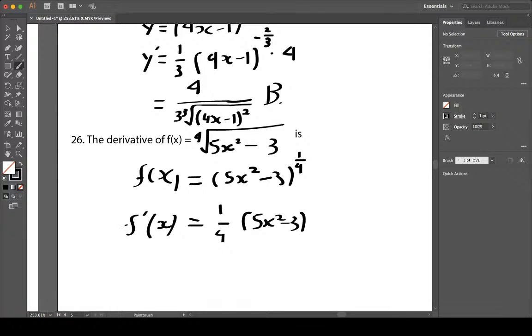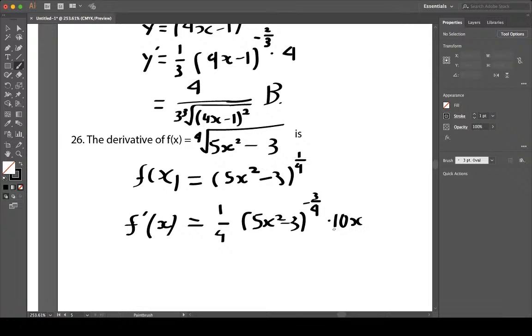So that would be minus 3 over 4. Multiply that by 5x squared minus 3. You derive it, that's basically 10x. 5 times 2, that's 10, multiplied by x to the power of 2 minus 1.